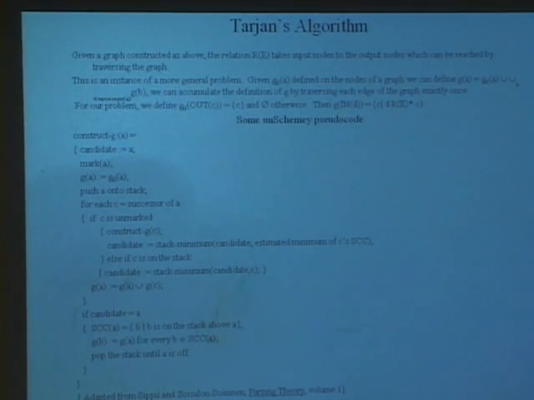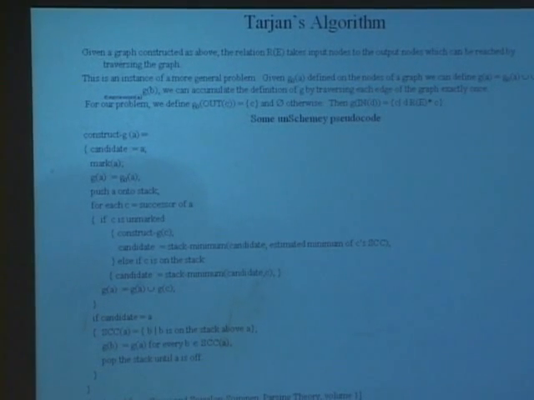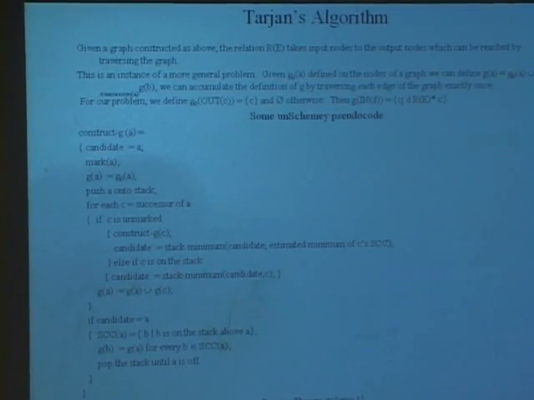Then you can just go through what this function does. It puts everything on a stack. As you go through the graph, you have an ordering based on a depth first traversal, right?